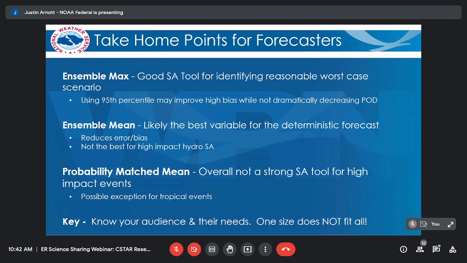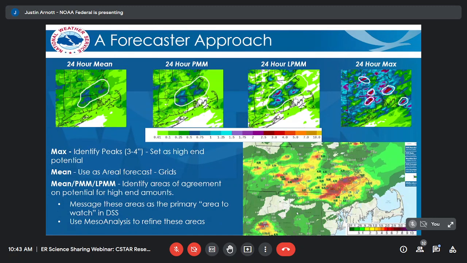So the key is, especially when giving IDSS, you have to know your audience and their needs, and one size does not fit all. And this is where the meteorologist's expertise comes into play. You have to decide what you're going to use: the mean, the PMM, or the max. In this case, you can see the max, going back to the Norwood case study.